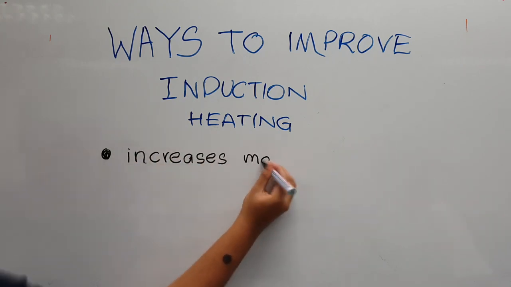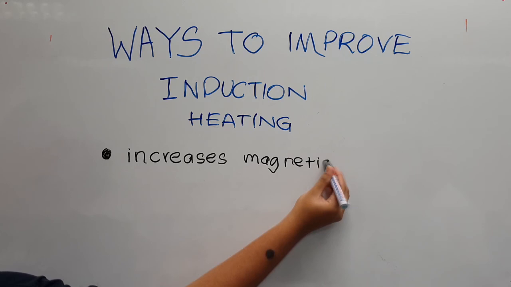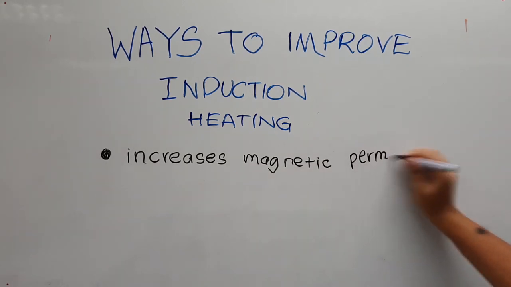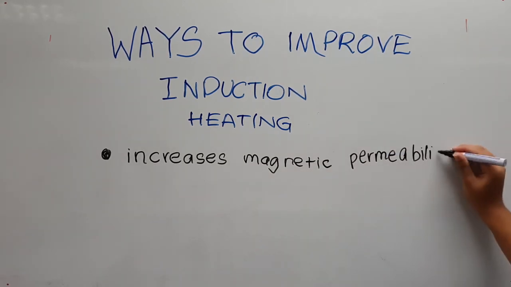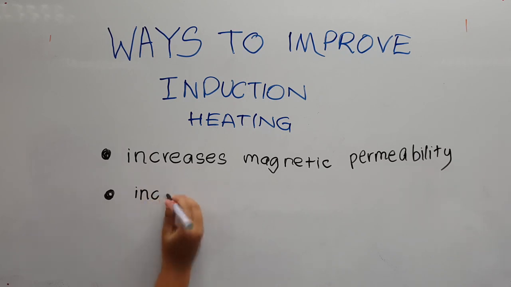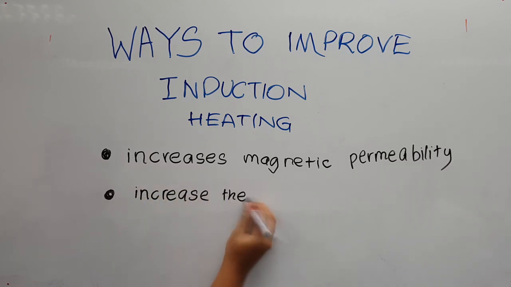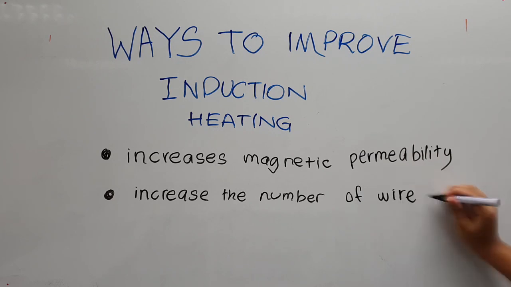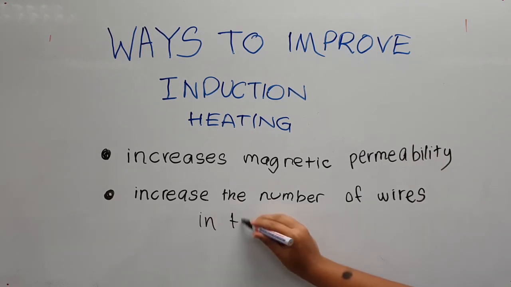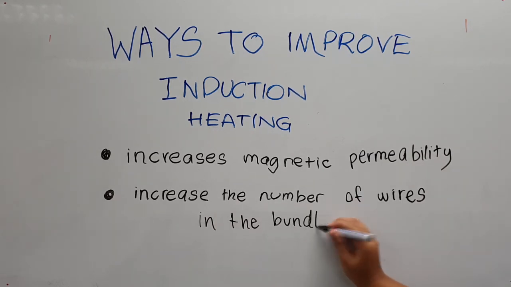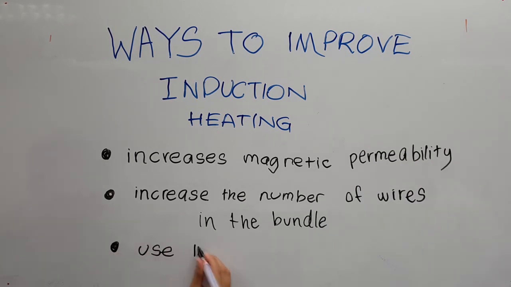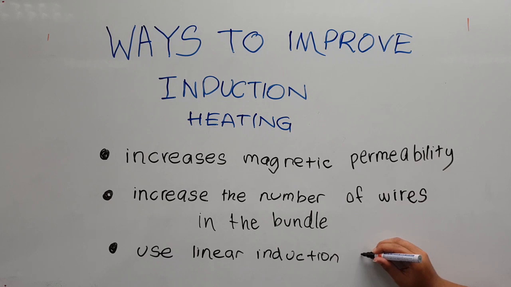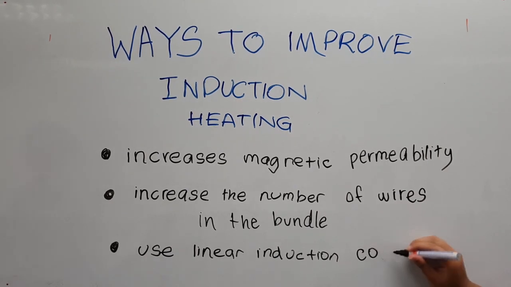Next is to increase the number of wires in a bundle, which makes it possible to use a lower frequency at the same efficiency. Lastly, we can also improve it by using a linear conduction coil, which can maintain the minimum gap upon heating of wires having different diameters and increase the efficiency up to 55%.